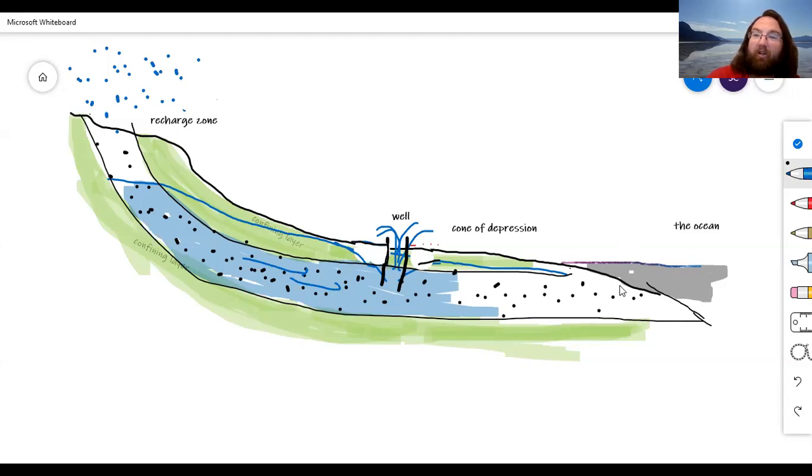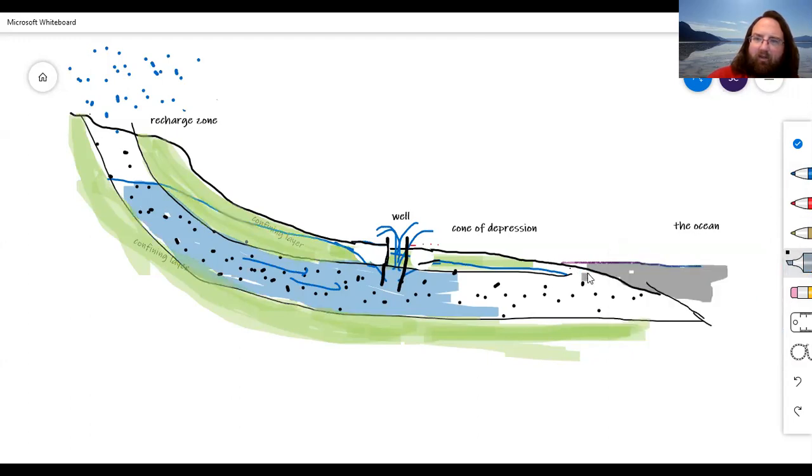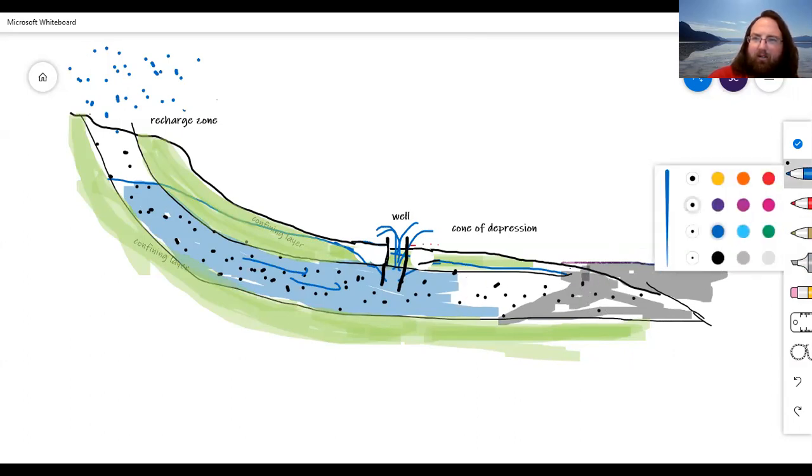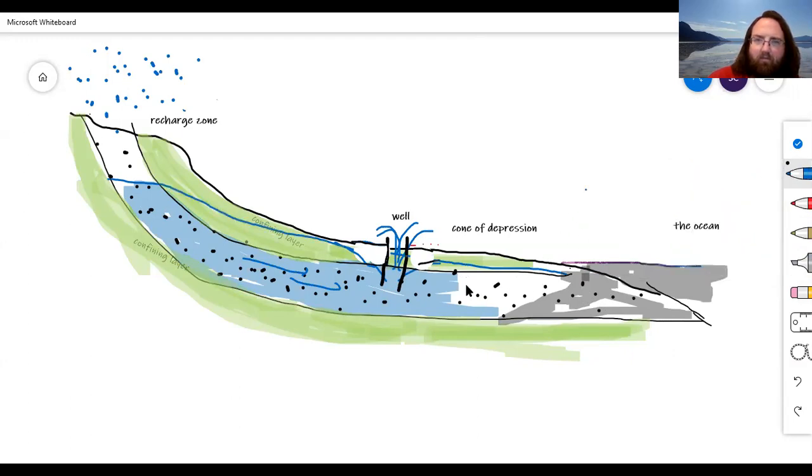Now, this problem gets a little more dire if downstream of your well you have a body of salt water like the ocean. So typically, because salt water is more dense than fresh water, you get this kind of water intersection between the saltwater zone and the freshwater zone. It's going to look kind of like this. So some saltwater intruding into your aquifer. As you continue to pump more and more water out of your aquifer, you start pulling in more and more of that salt water.